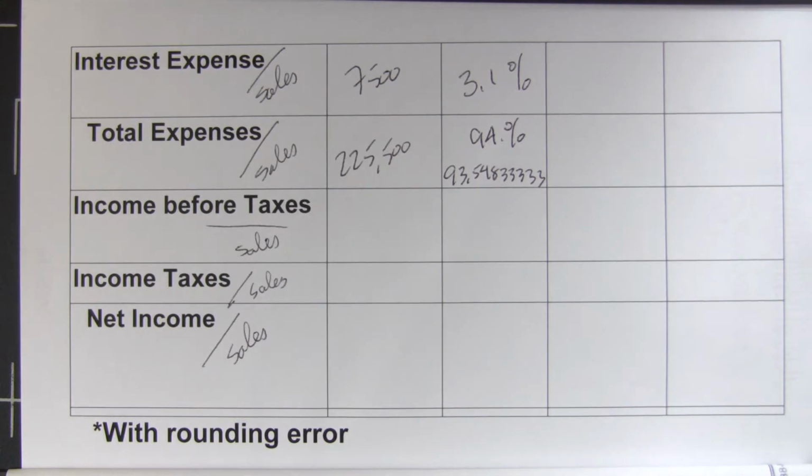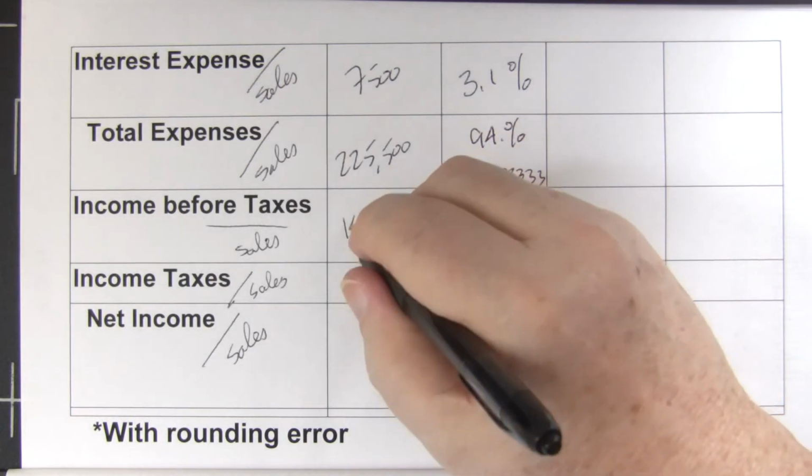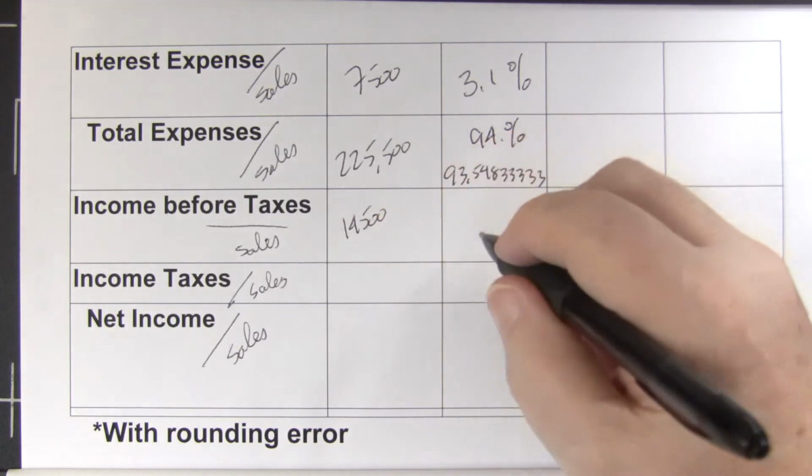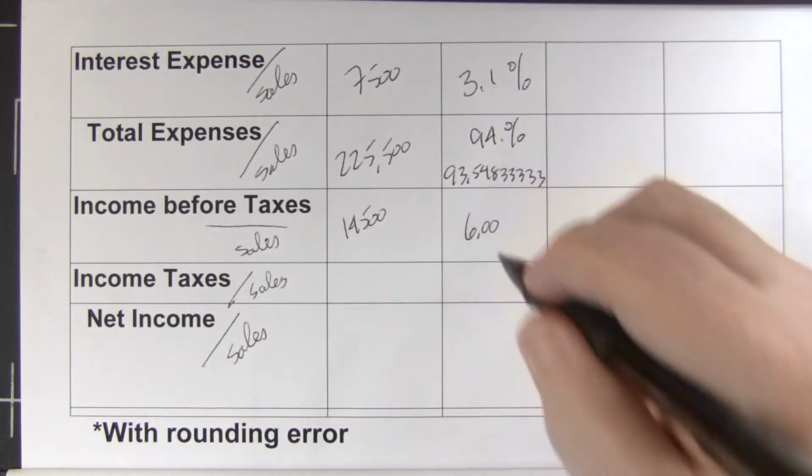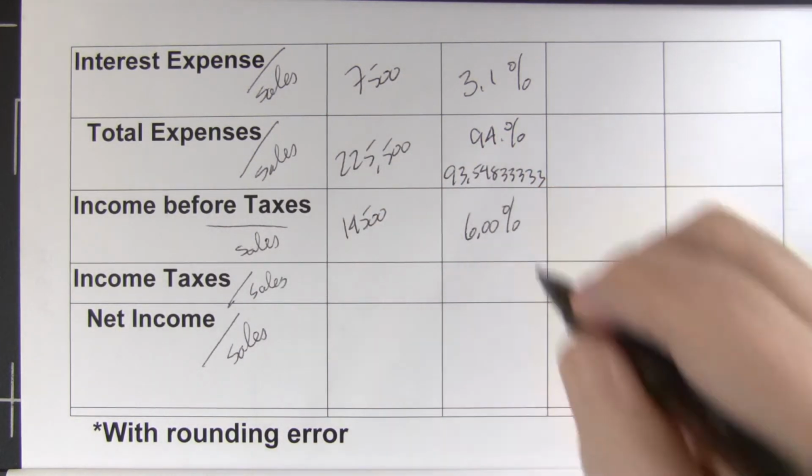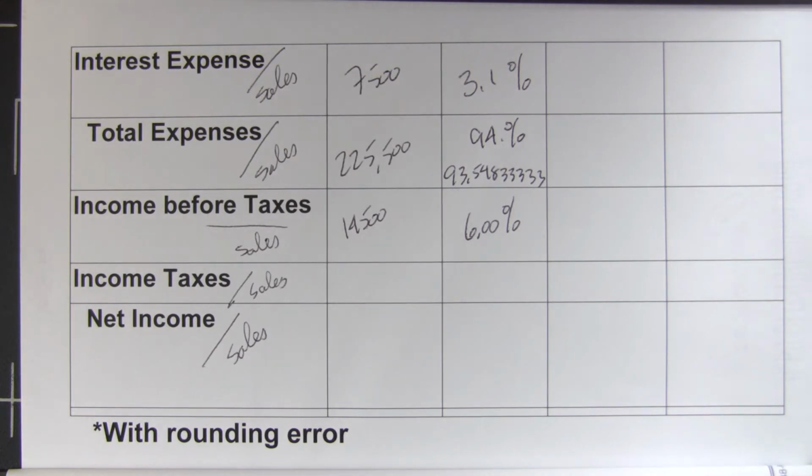But if you want to put down 93.5483333 ad nauseum, knock yourself out. Income before taxes, it's $14,500. That's 6% of sales. So 6% of sales was our income before taxes.